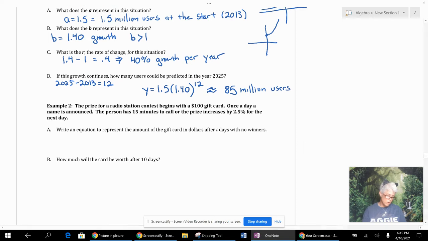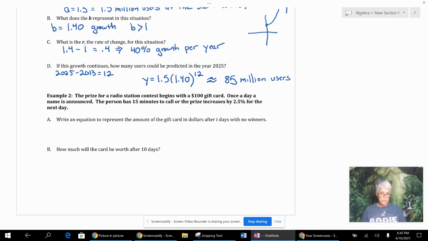Let's look at another one. The prize for a radio station begins with a $100 gift card. Once a day that a name is announced, the person has 15 minutes to call, or the prize will increase by 2.5%. Write an equation to represent the amount of the gift card in dollars after T days. This time we're going to actually create one. Okay, so what do we have? Our A, our starting point, is 100.